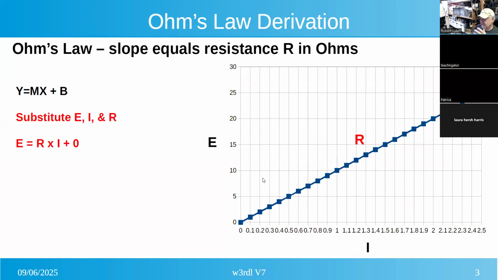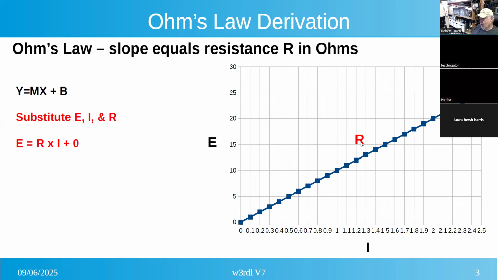This is just kind of an example of what he actually did, taking a material, applying different voltages and plotting the current. And you will get a straight line. Maybe a little zigzag due to measurement error, but basically a straight line.